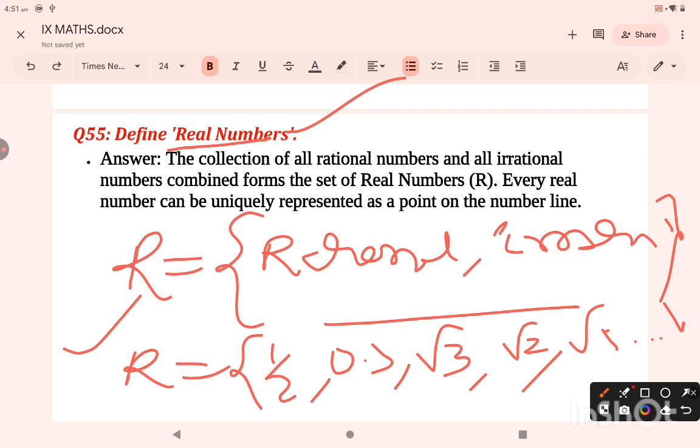Real number is nothing but the combination of rational and irrational numbers.